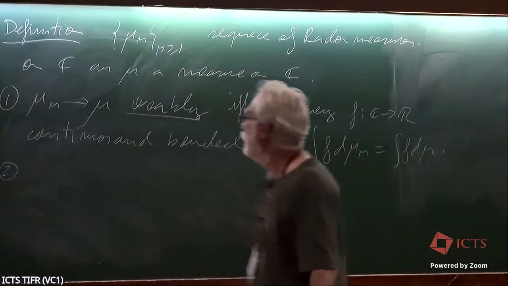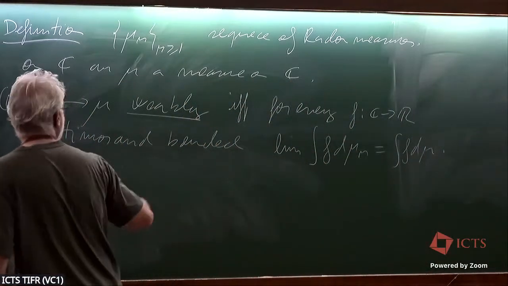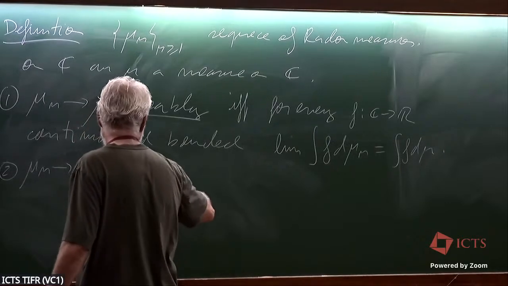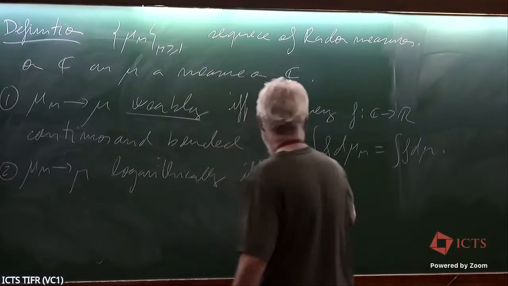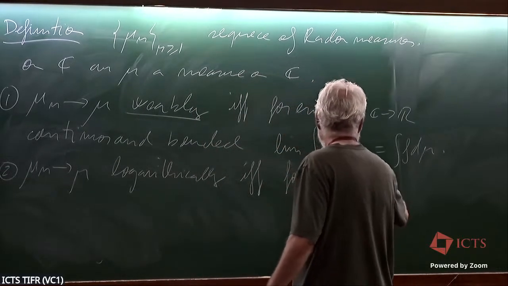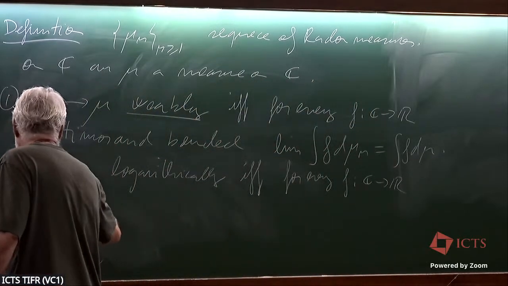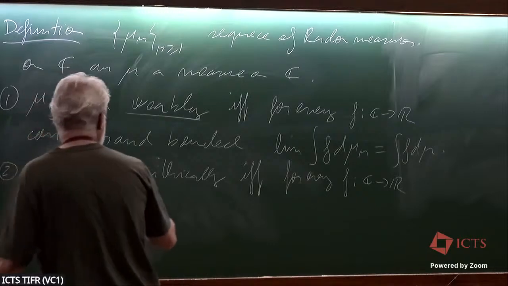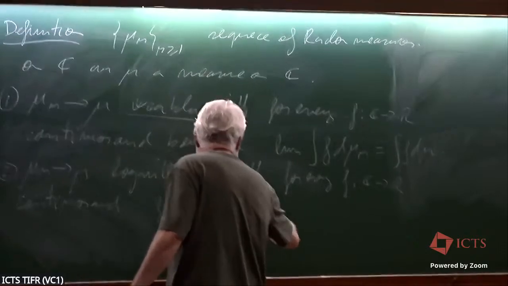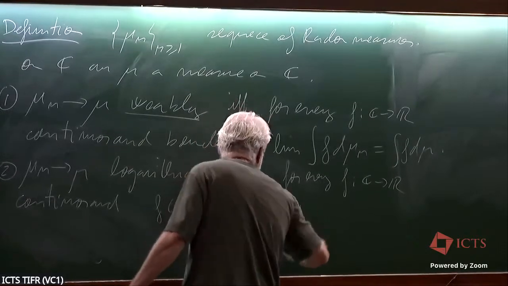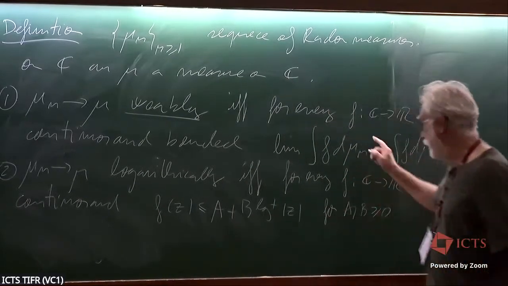The second condition is that I will say that mu n converges to mu logarithmically if and only if for every f from C to R that is continuous and satisfies that f of z is smaller or equal than a plus b log plus of z for some a, b bigger or equal than 0, the same condition holds.